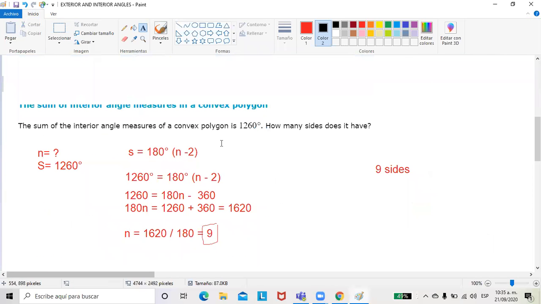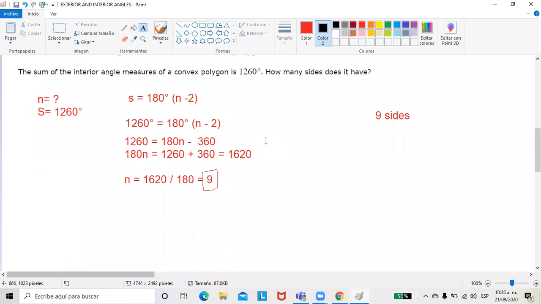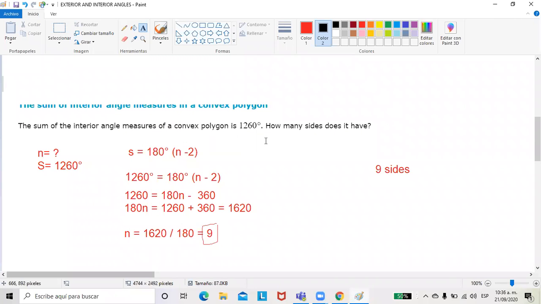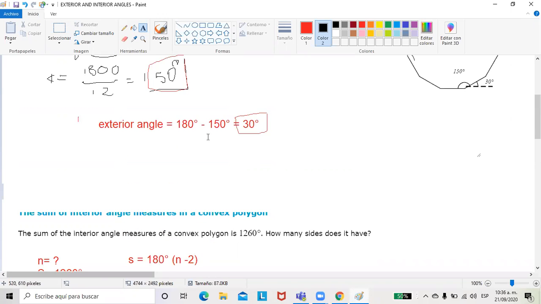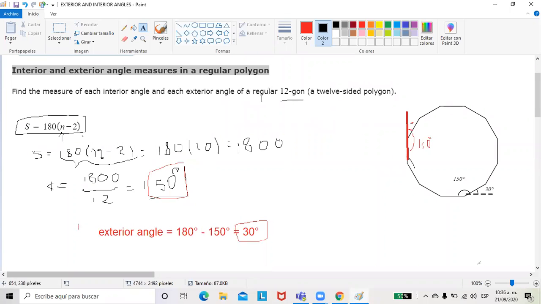What does n mean? n is the number of the sides of the polygon.